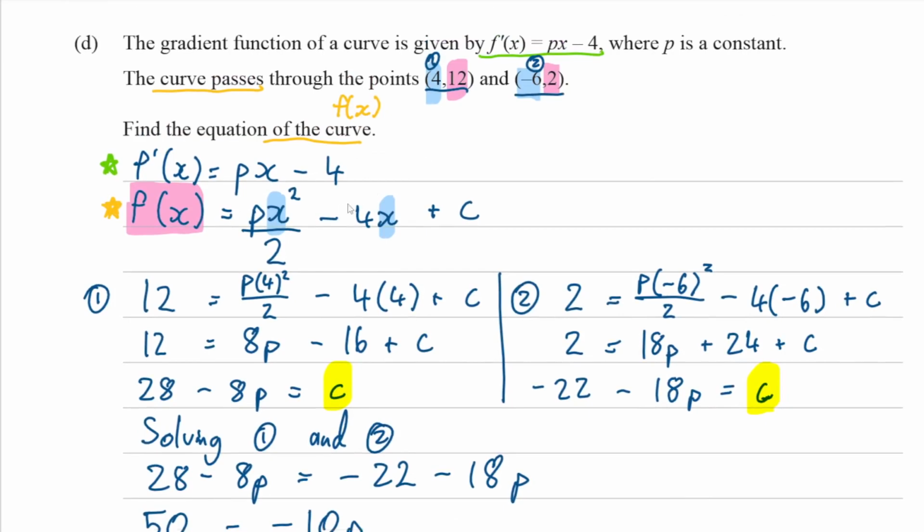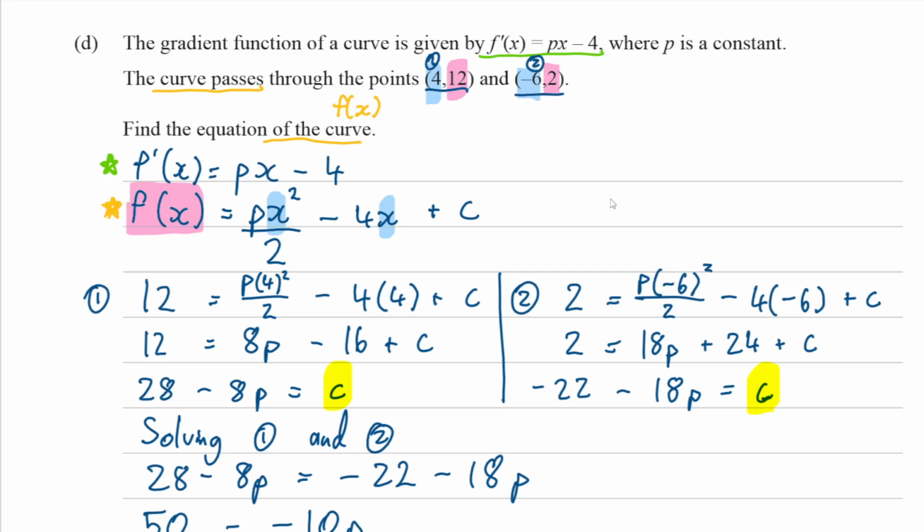Alright, so just stepping through this one more time while it's fresh. We were given a gradient function. The tricky bit here was that it had this unknown constant. But just like normal, we found the antiderivative, so f of x. However, we had two unknowns. We always have the unknown plus c, but now we also had the constant p.